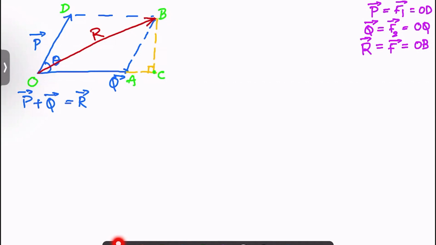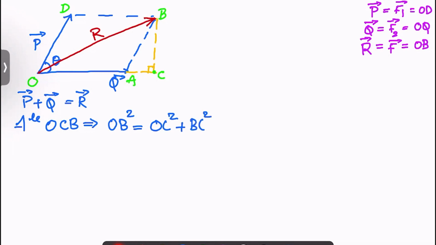Now from Pythagoras theorem, you know that in triangle OCB, OB square can be written as OC square plus BC square, right? Now this OC is a sum of two lines.